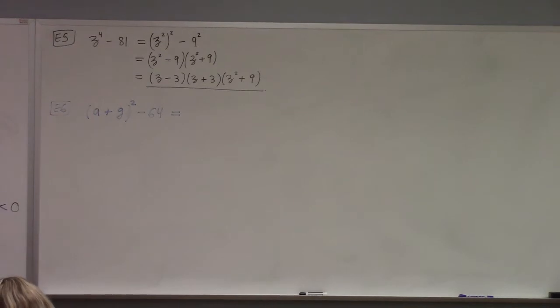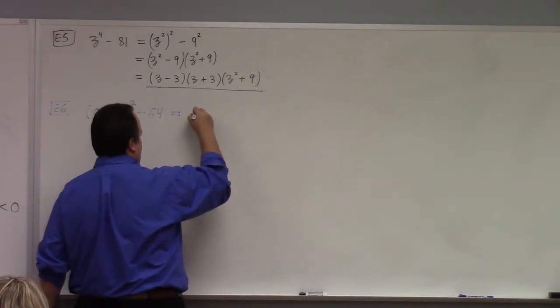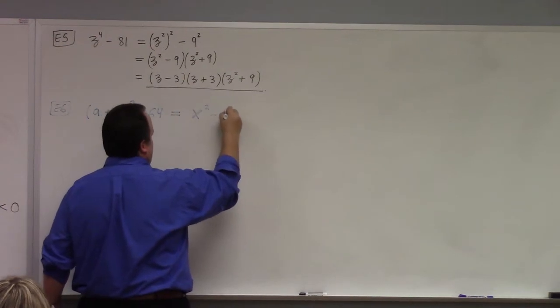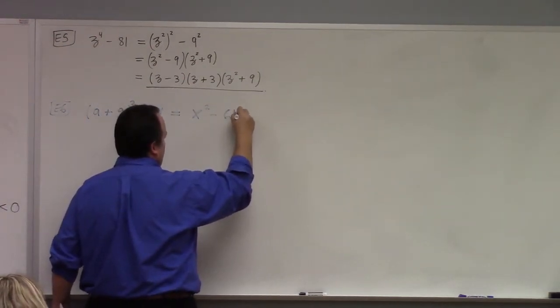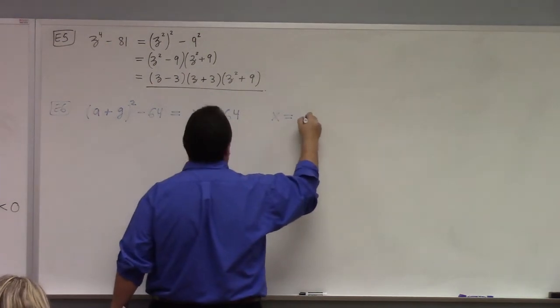A plus g quantity squared minus 64. Can we factor this thing? This is an example where you want to think about making a substitution, right? So think of this as x squared minus 64. And what did I make x equal to? A plus g, right?